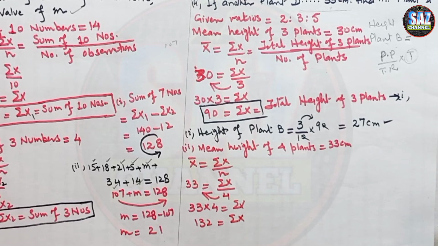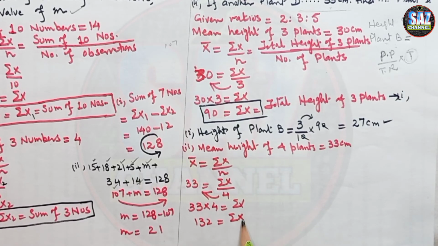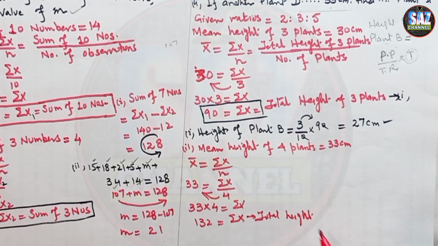Now students, what is this sum? This is the total height of 4 plants. What is the requirement of the question? Let me block this answer as well.